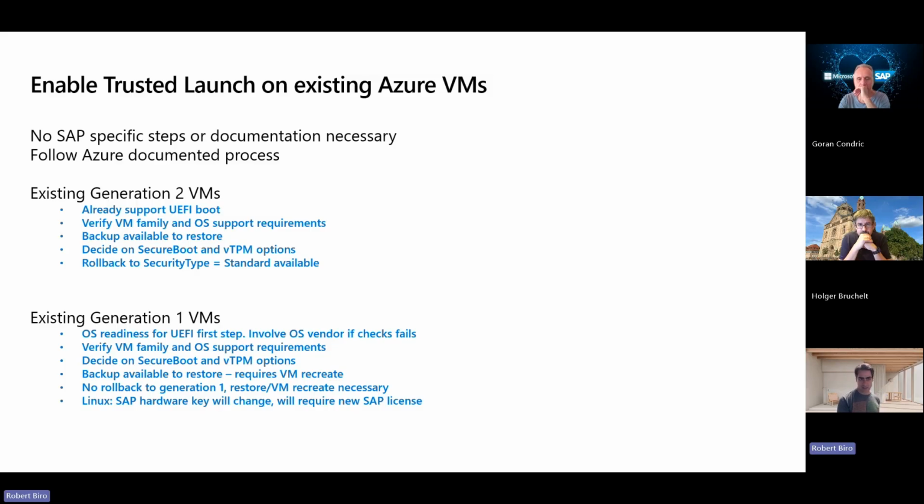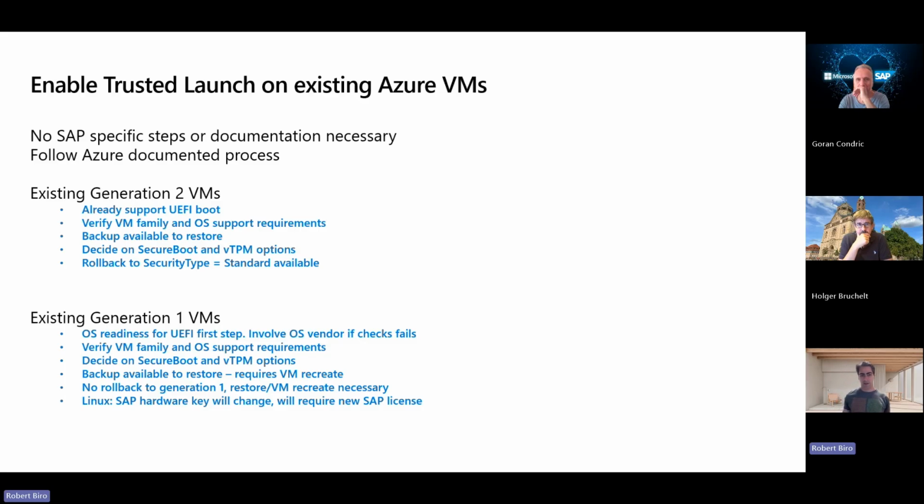If it is an existing generation 2 VM, and this might be again the confusing part, a generation 2 VM with a security type standard, what we know as generation 2 VM without Trusted Launch, you can enable Trusted Launch easily. If I remember correctly, it requires a deallocation, so stopping the VM, and you enable Trusted Launch. Again, provided the VM supports it, provided the OS supports it, you already know it boots with UEFI, because it's a generation 2 VM.